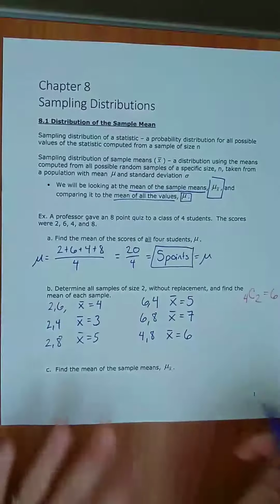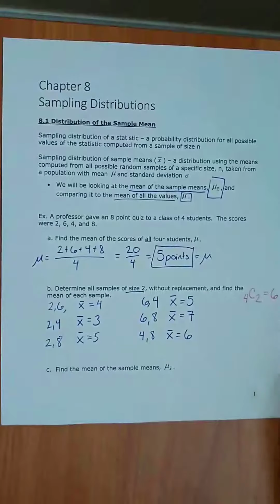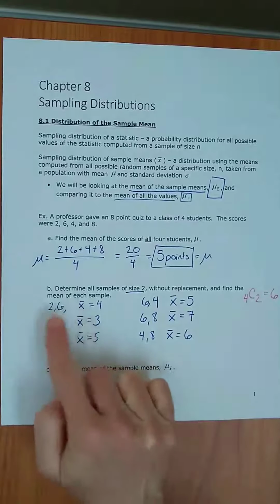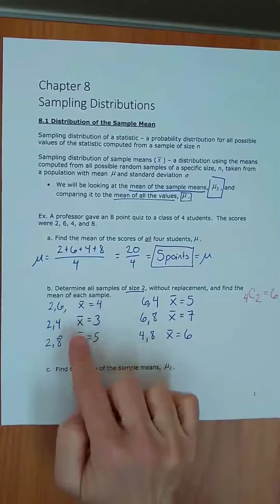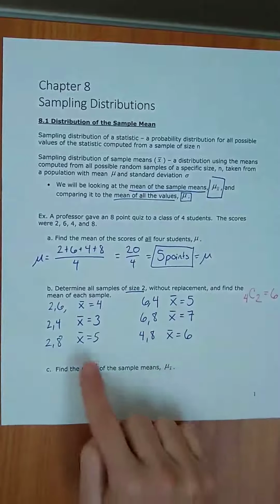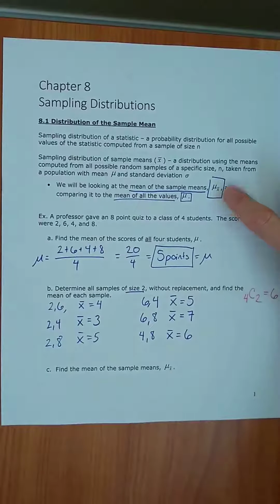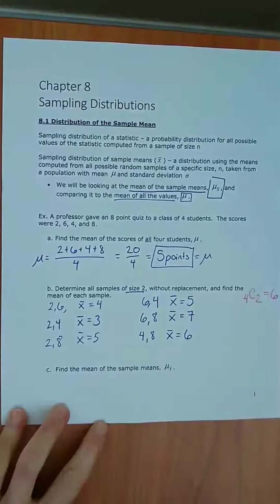So this was just for sample size 2. This was all the possibilities of matching up 2 of the 4 students. And so when you do that, each little sample has its own average or mean. Those are all these individual little x bars. So we've got 6 of those. So what this mu sub x bar is saying is that you take all these little x bars and you find the average of them.